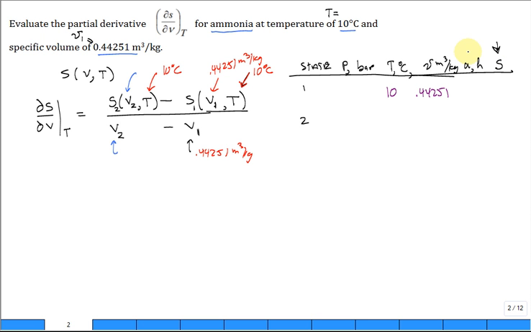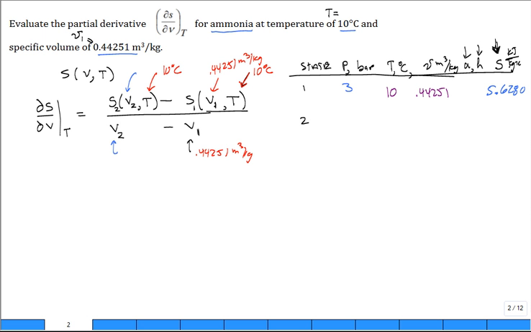These are other properties of interest, but S is the one we really need to focus on. That's kilojoules per kilogram Kelvin. So given it's ammonia, temperature, and specific volume, we find that the pressure is 3 bar, and we find the entropy is 5.6280 kilojoules per kilogram Kelvin. It's on a line in the table, which is nice.